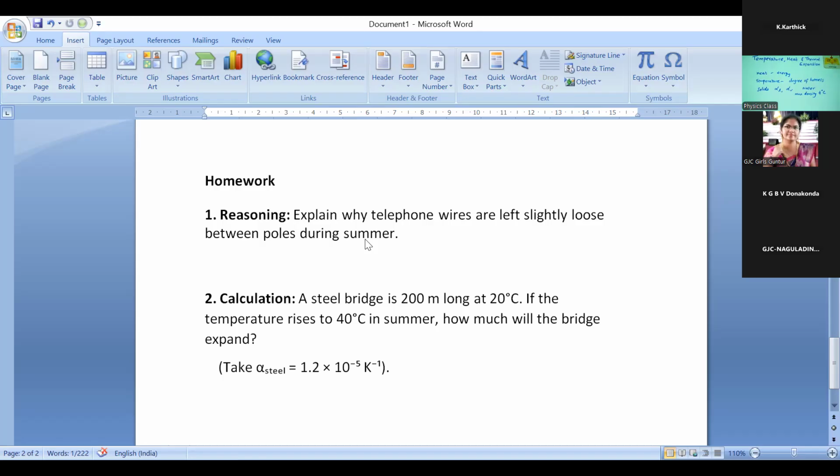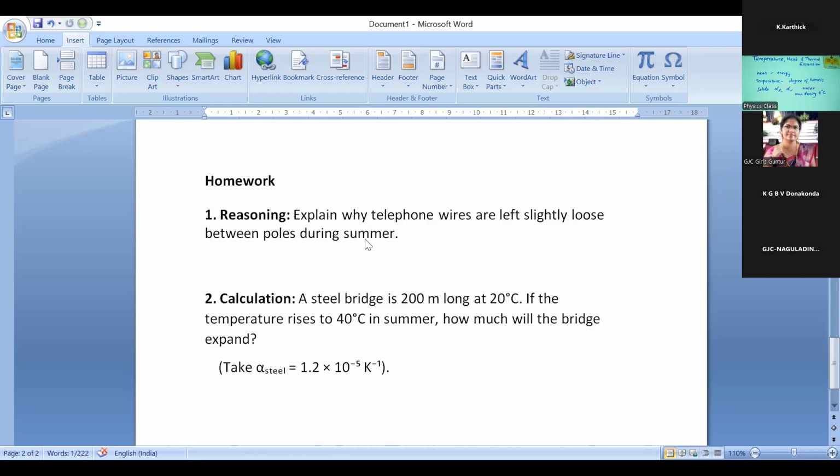Take alpha steel as 1.2 times 10 to the power minus 5 per Kelvin. The temperature changes from 20 degrees to 40 degrees Celsius.